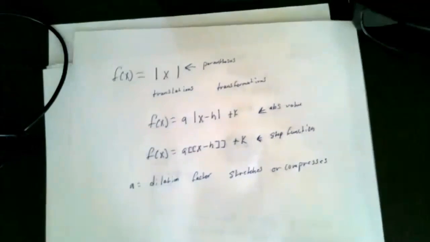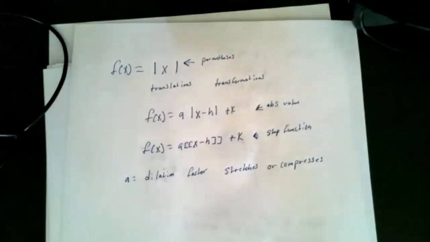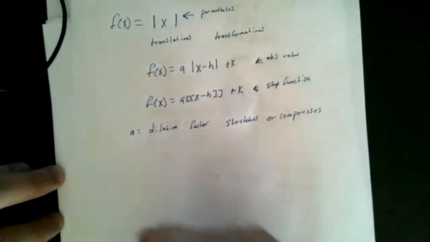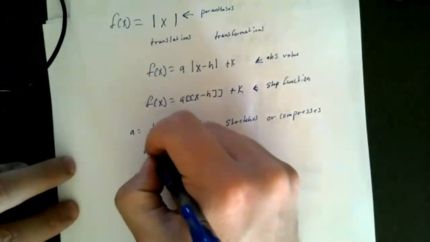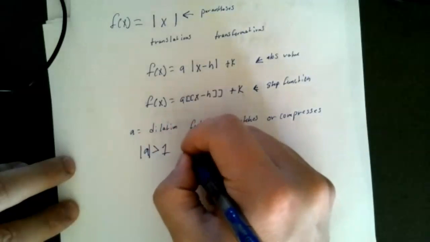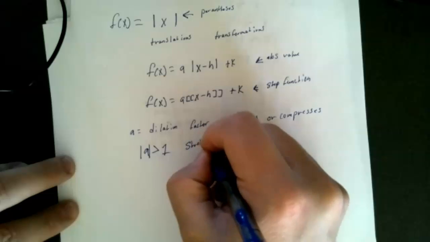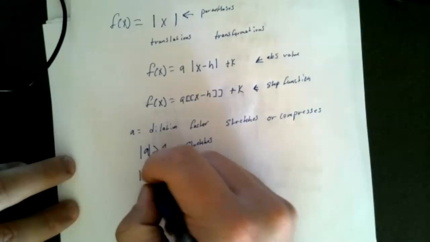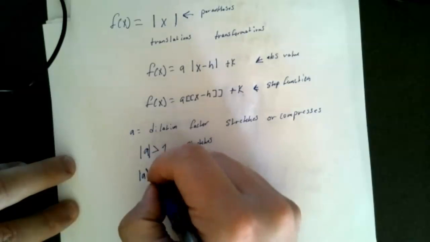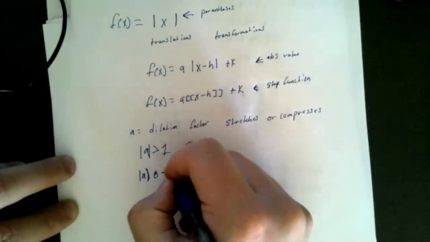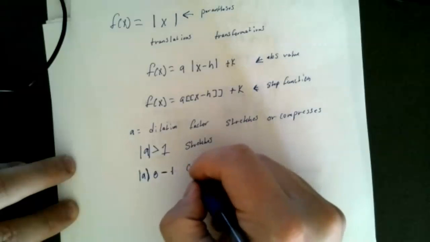In other words, it makes it tall and skinny, or kind of short and a little wide in terms of the V. So if the absolute value of A is greater than 1, it stretches it. If the absolute value of A is between 0 and 1, that compresses.